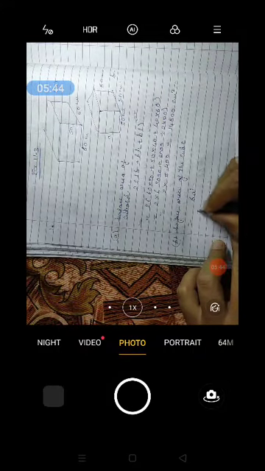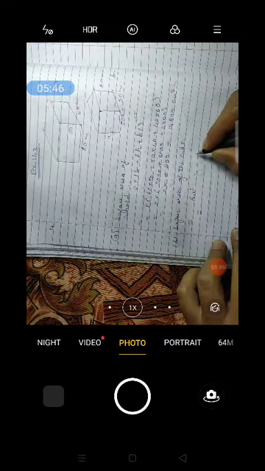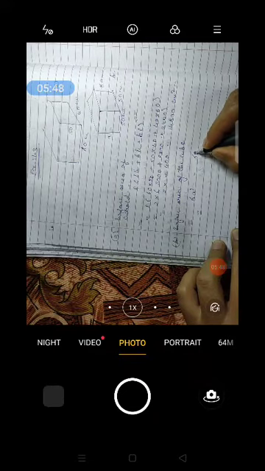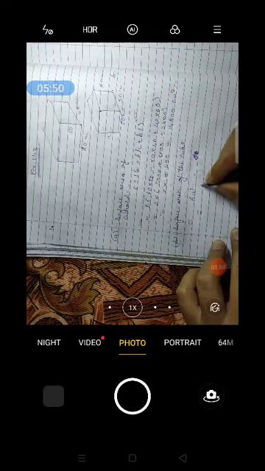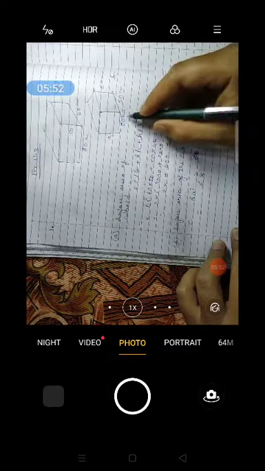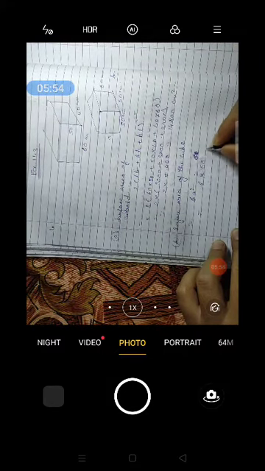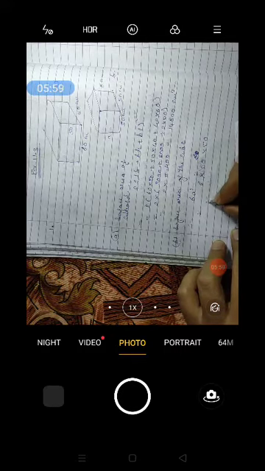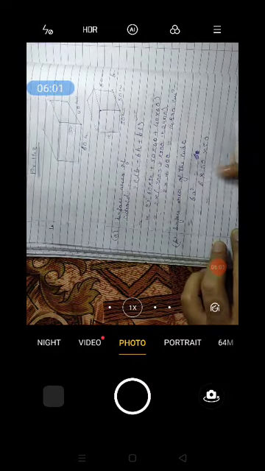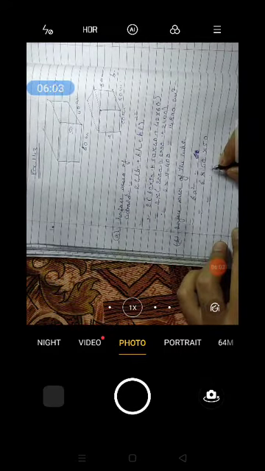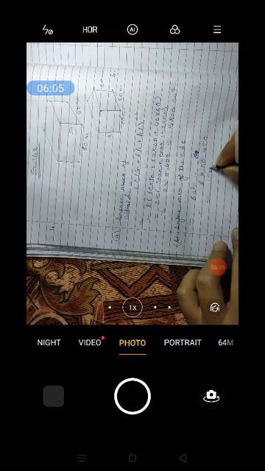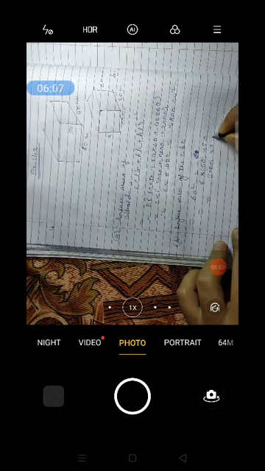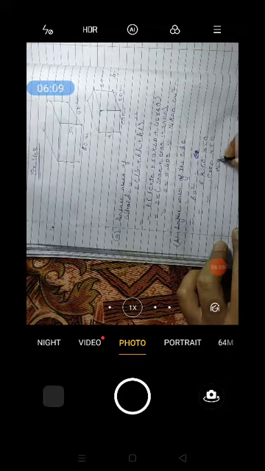So 6a square, how much is it? 6 into 50 into 50. How much does it become? 50 50 is 2,500, into 6 is 15,000. This becomes 3,000, 3,000 into 50 equals 15,000.